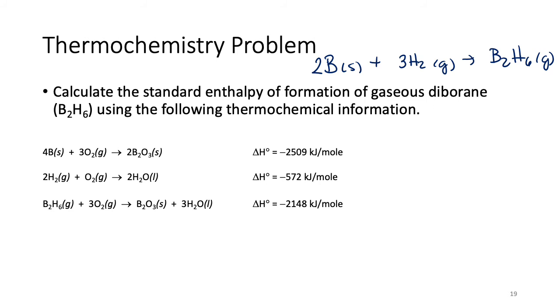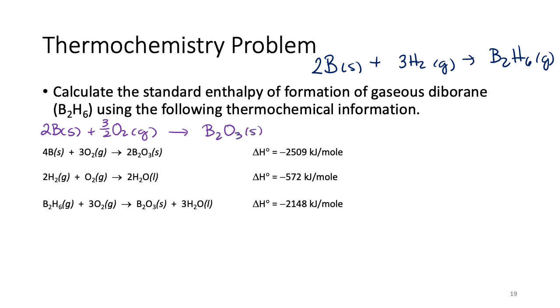I need to have 2 borons, but I only have 4. So 4 is more than 2. It is indeed more than 2. So what I need to do is divide the whole thing by 2. So now I have 2 borons, solid, plus 3 halves O2, gas, makes B2O3, solid.